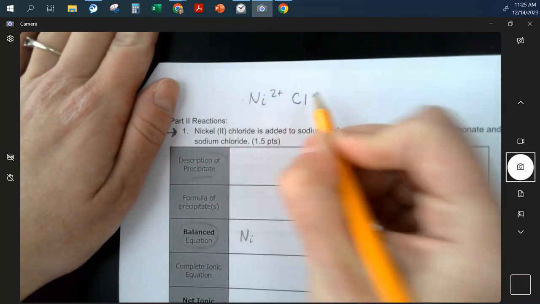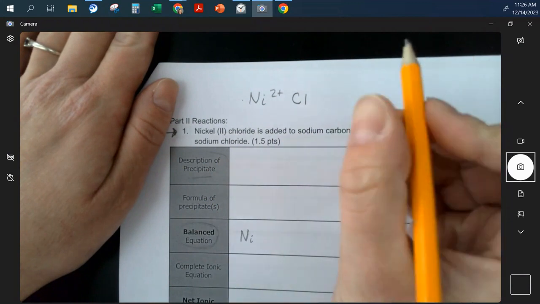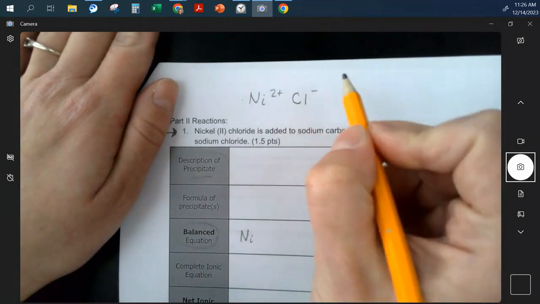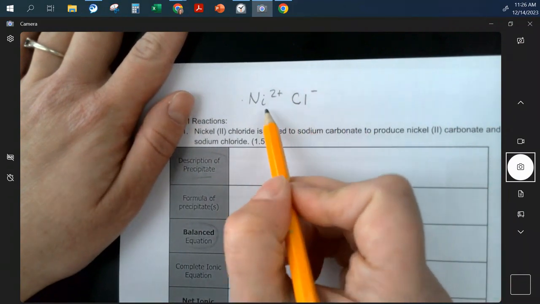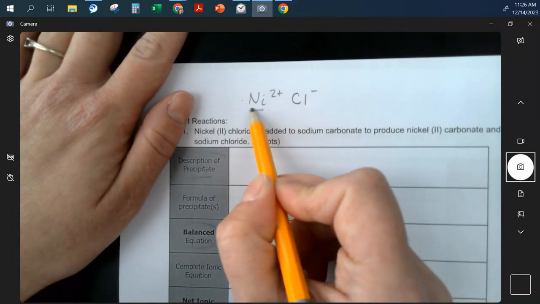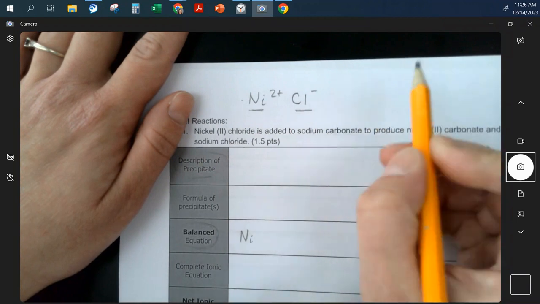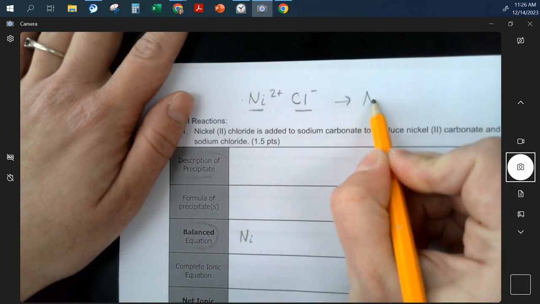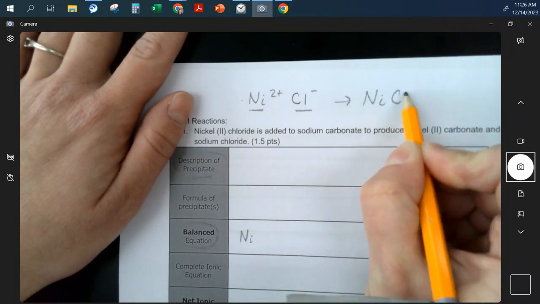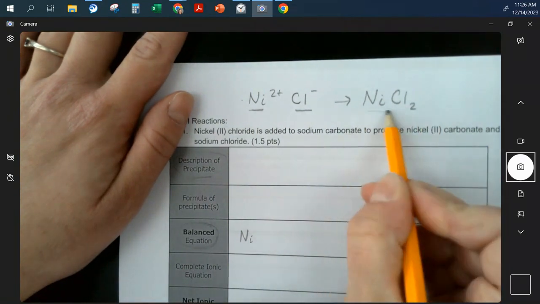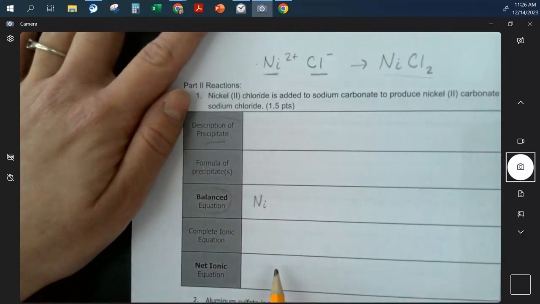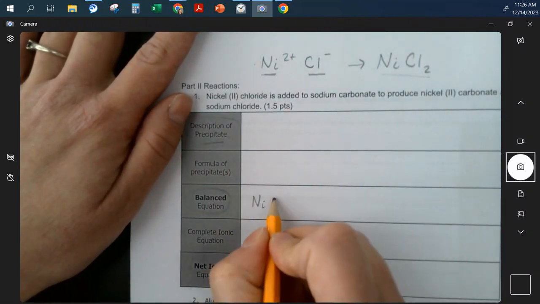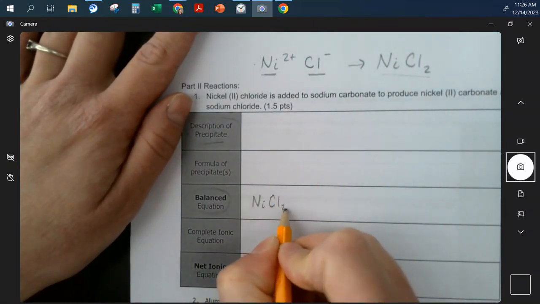What's the charge on chlorine? Minus 1. Good, thank you. And so what would our formula be if we have a nickel 2 plus and a chlorine minus? We need 2 chlorines, perfect. So NiCl2 will be our formula for nickel 2 chloride. So we're going to write that formula, nickel 2 chloride, in our equation.